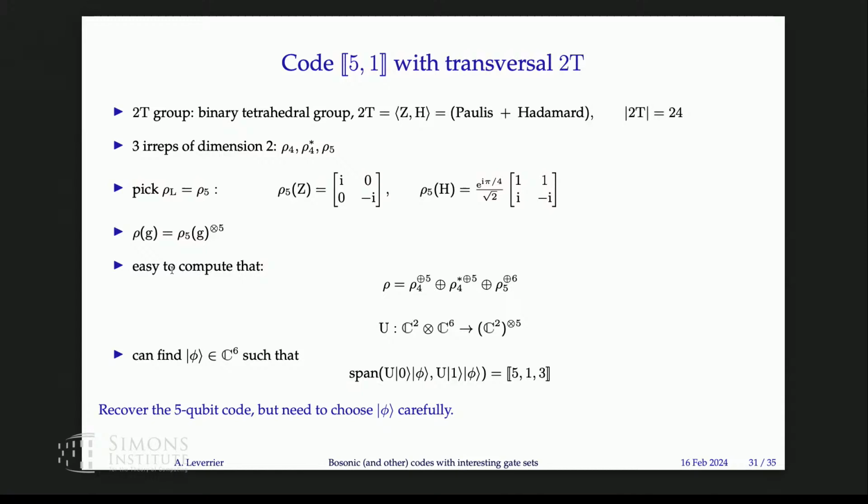At the moment, I don't have a complete recipe for how to find it. I'm optimistic that there should be a way to do that. In particular, there's a canonical way to pick one state in this space. If you do that, you almost recover this code, but not quite. We'll talk about it a bit later. It will come.